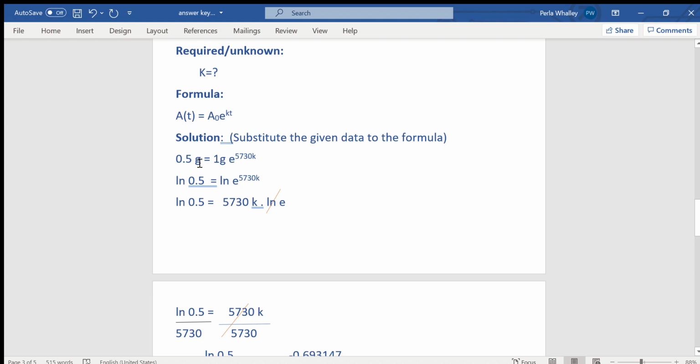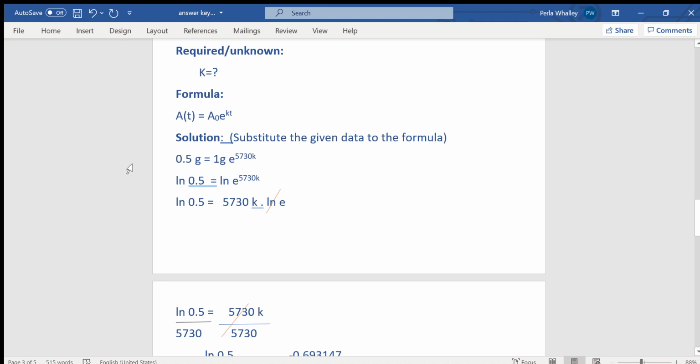So we cancel the gram, and the 1 here is cancelled, or we do not need to write it anymore. Now, that is why we only have ln e raised to 5,730 k, or the rate of decay.